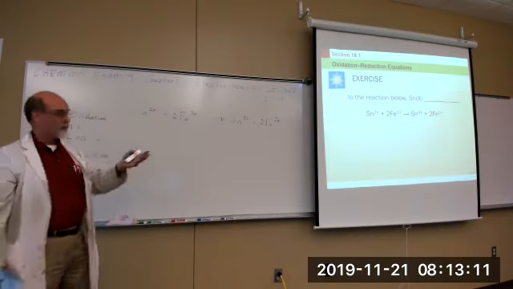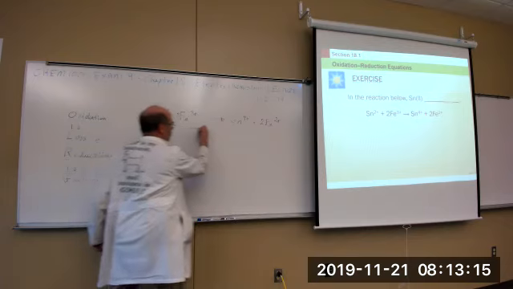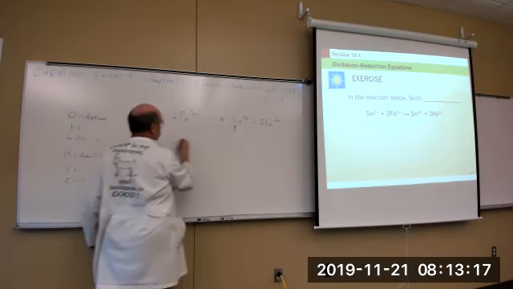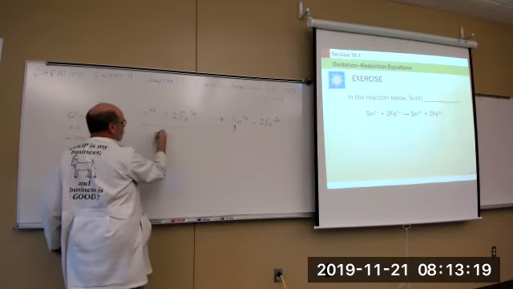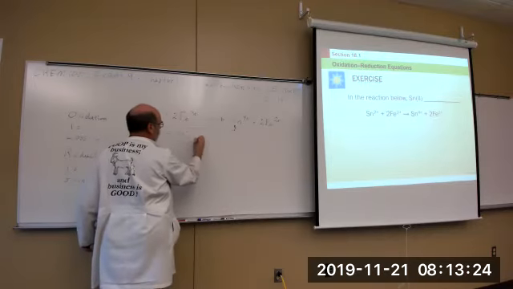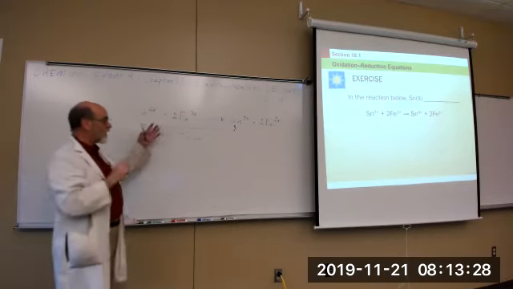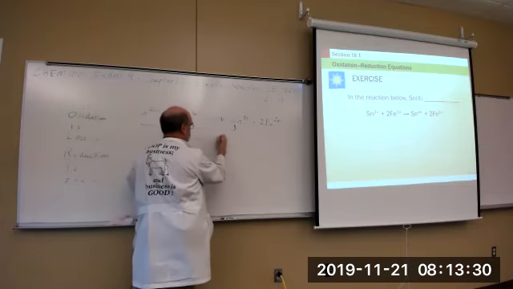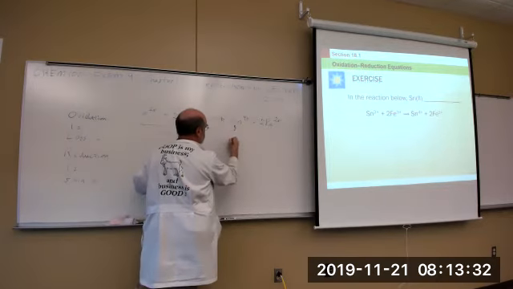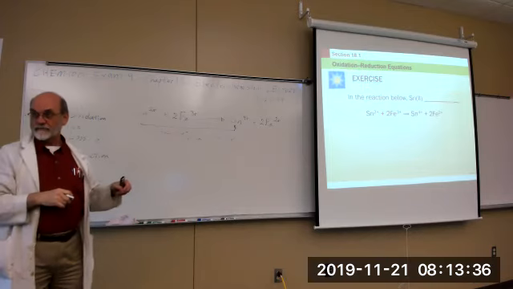Subtract, right. This one had to lose electrons. To go from there to there, we had a loss of 2 electrons per Sn, right? And since there's only one of them, we have a total loss of 2 electrons in that reaction, okay?